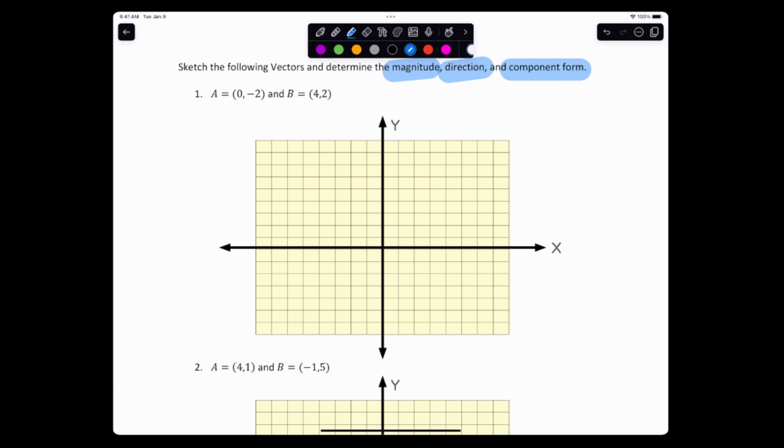They're going to give you, again, A is your initial point. B is your terminal point. So A is the initial point, B is a terminal point. So get the component form, magnitude, and direction, ladies and gentlemen, and we'll see how it goes for you guys on this. I'm going to get out the clock. See what happens. Lucky number 8.